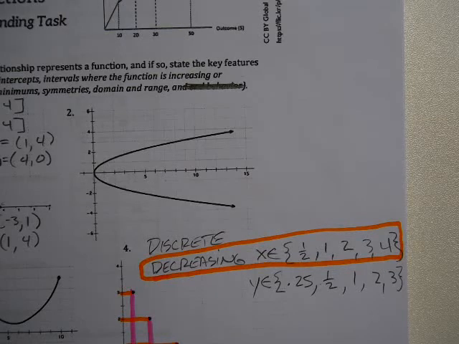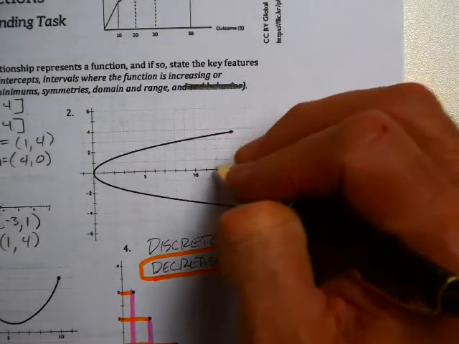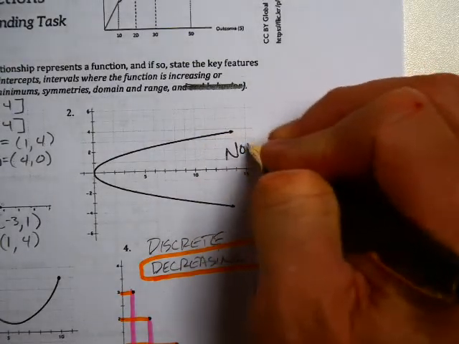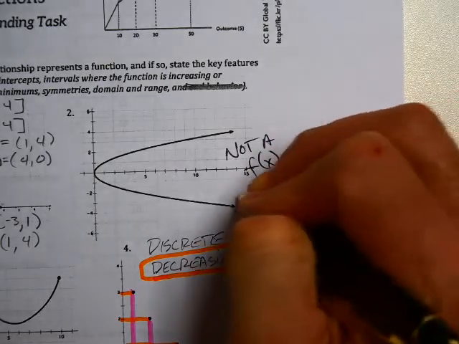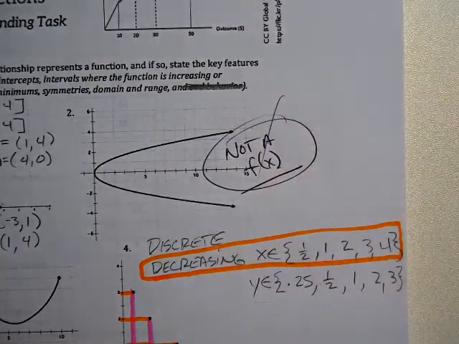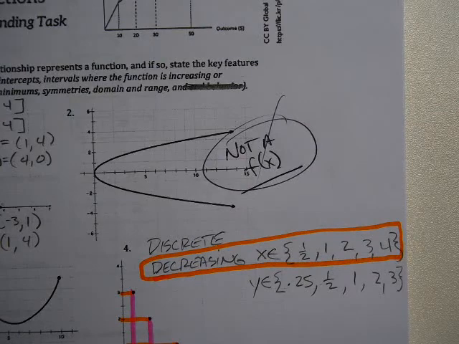It's doing both, right? So it's a problem. So if we have something that's not a function, there are some things we could say about it, but let's just go not a function. So we're going to skip it if it's not a function. I wonder if there are any others that are not functions.